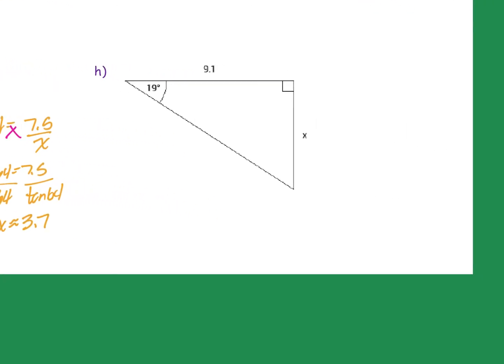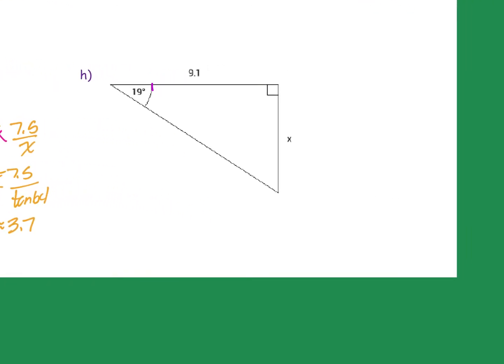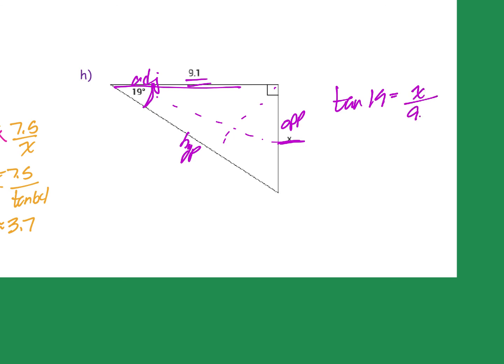You're good to go. So I've got my angle and my side hypotenuse and my side opposite and my adjacent. So I've got tangent of 19 is going to equal x over 9.1.